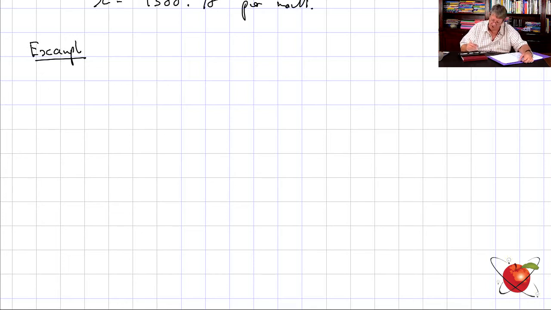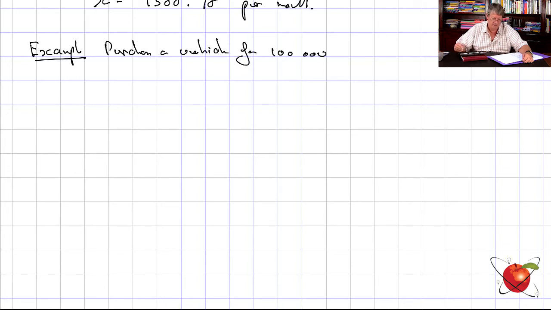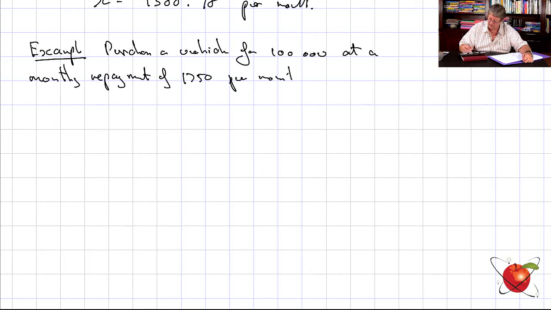An example: we purchase a vehicle for 100,000, with a monthly repayment of 1,750 per month, with an interest rate of 8%, compounded monthly.